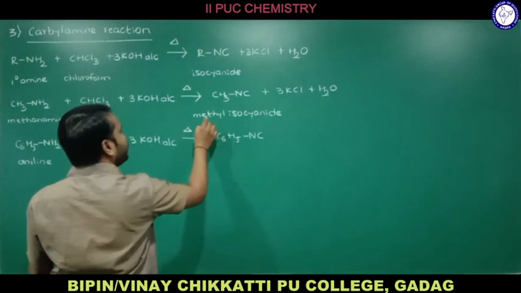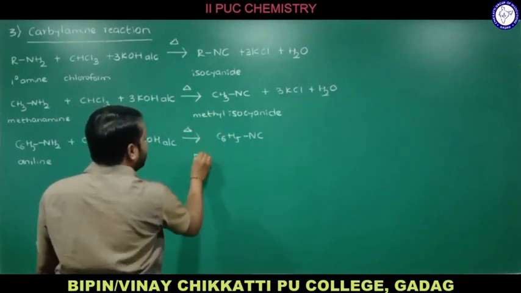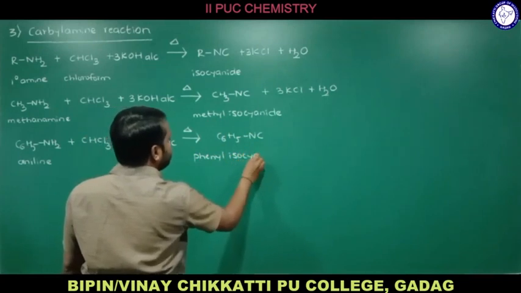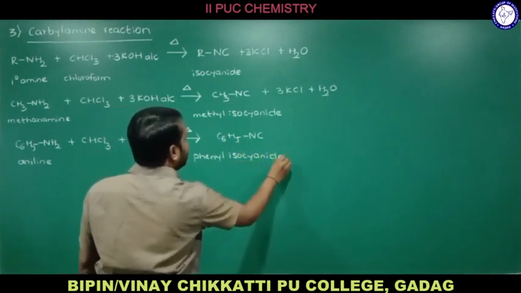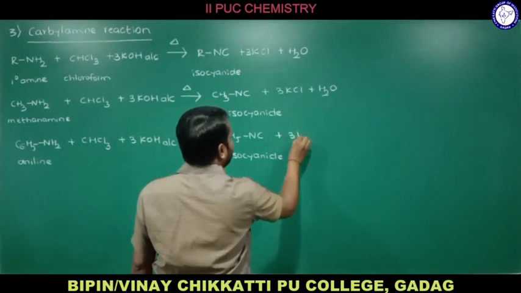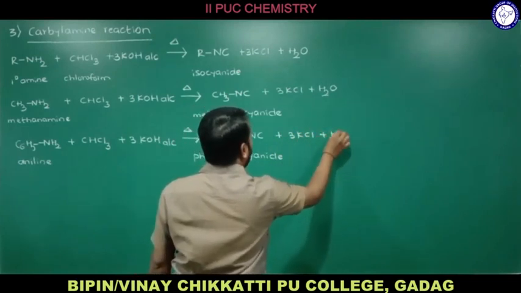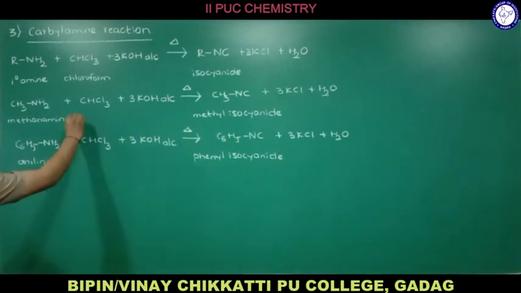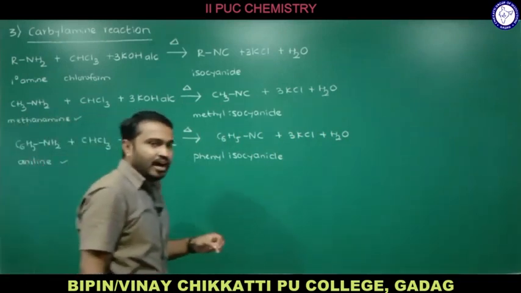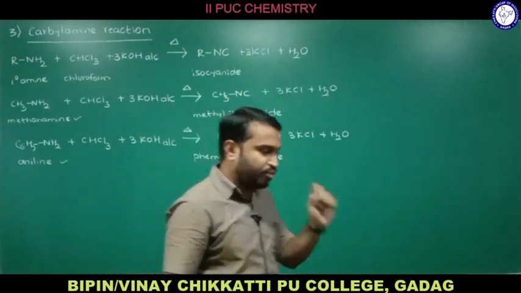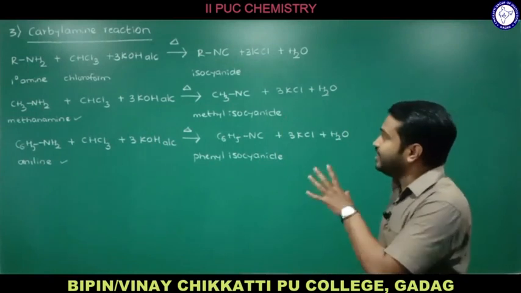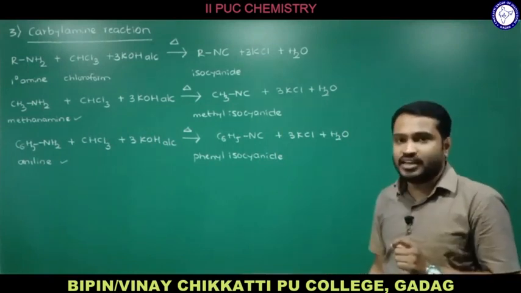The previous one was methyl isocyanide, and this one is phenyl isocyanide. And we get potassium chloride and water. So this is how you can consider the aliphatic amine and the aromatic amine. When these are heated in the presence of chloroform and alcoholic potassium hydroxide, we get the respective isocyanides, and that reaction is called the carbylamine reaction.